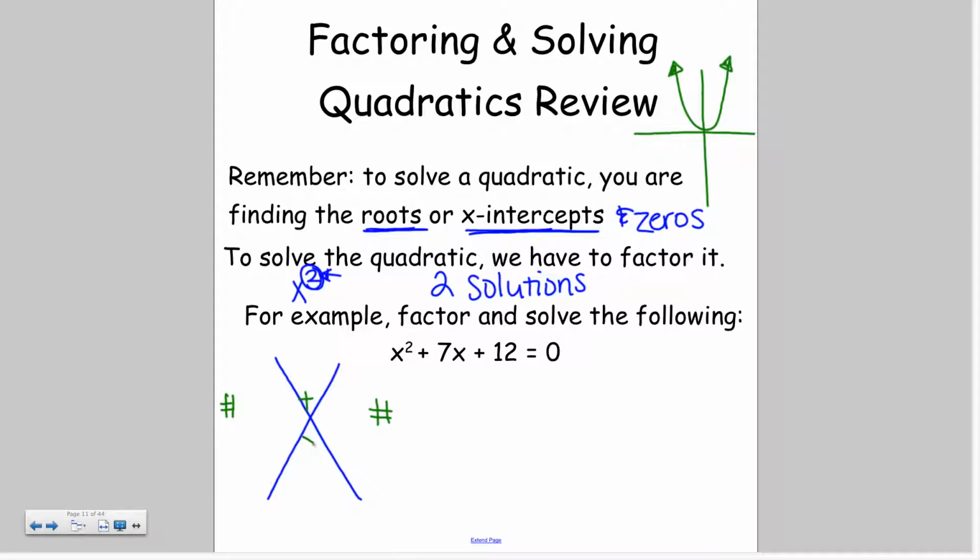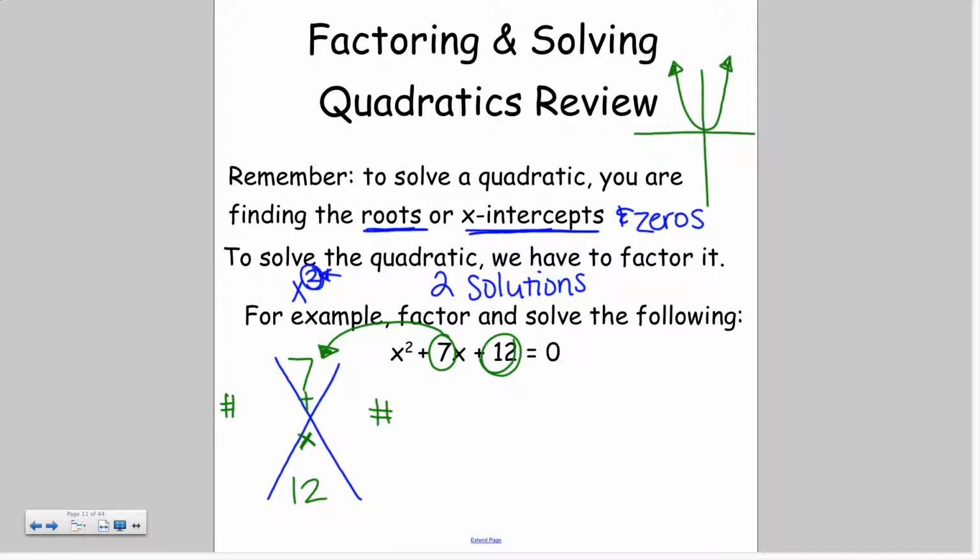When we multiply those two numbers, we'll get the number that's on the bottom. When you add, it'll always equal your center number. When you multiply, it will always be your constant, your number that is by itself. It has no variables. So you want the numbers to be able to be multiplied together to get that number that stands by itself.